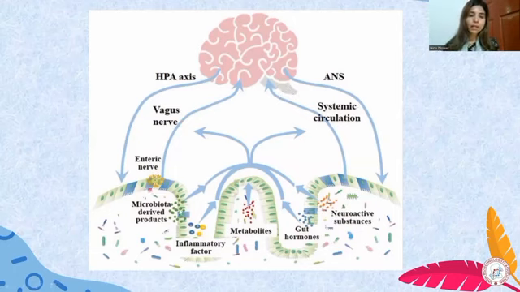Whatever signal is released from your gut, in the form of microbiota-derived compounds, inflammatory factors, metabolites, or gut hormones, is taken by the vagus nerve and sent back to the brain. That's why it is known as a bidirectional axis.